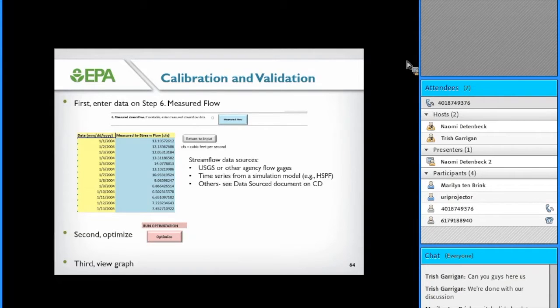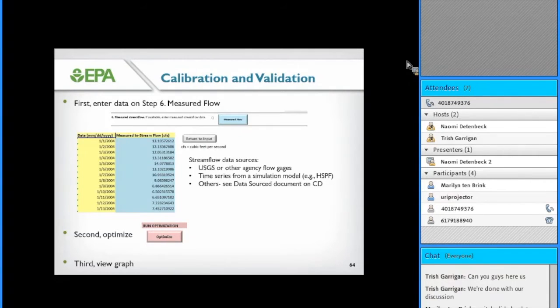So in step 6, the last item on the list is measured stream flow. You click on that button, it opens up a tab, similar to all the tabs that we've seen this morning, where it lets you copy and paste a time series of flow data.